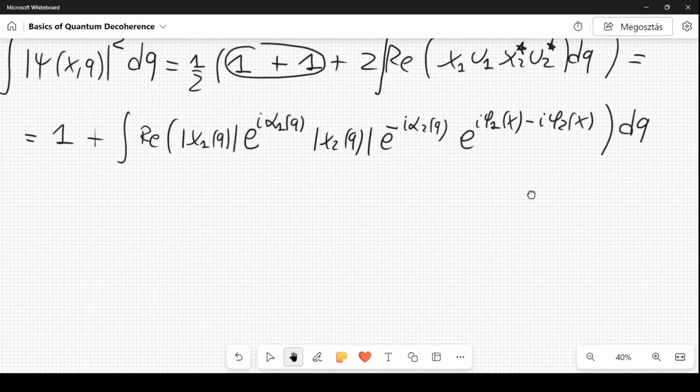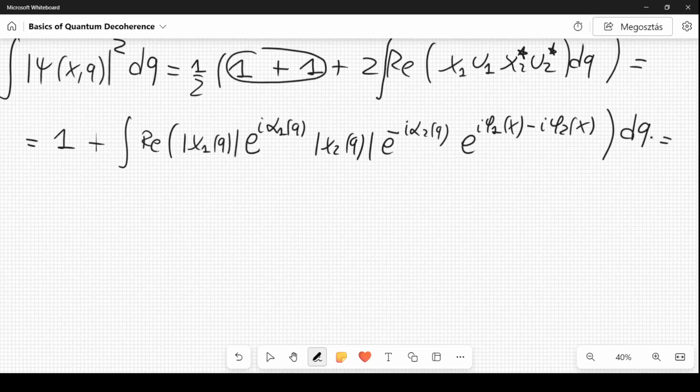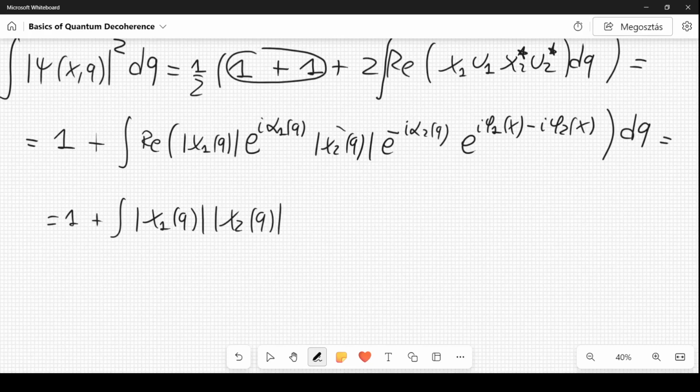So let's try to simplify this a little bit more. This can be written as 1 plus the integral. So the real part will act on the complex exponentials. So we can rewrite it as mod chi1 of q times mod chi2 of q. So the mode of chi2 is the same as the mode of chi2 star, so it's the complex conjugate, of course.